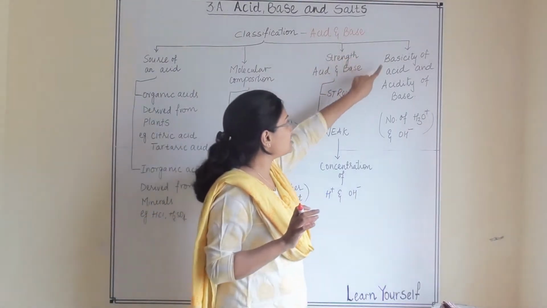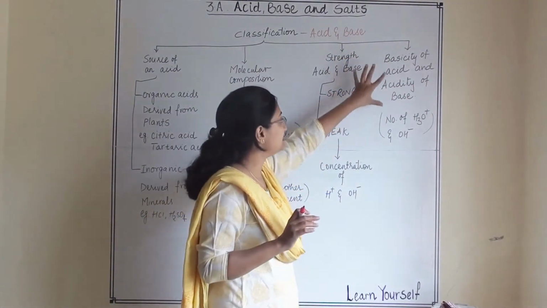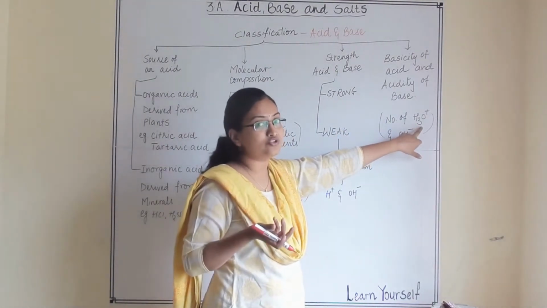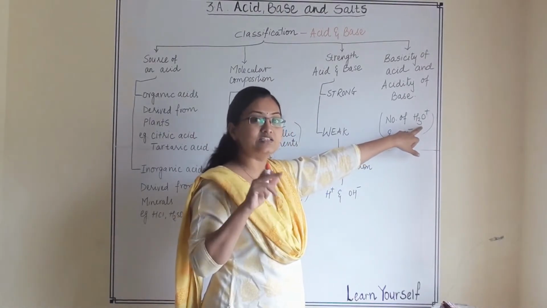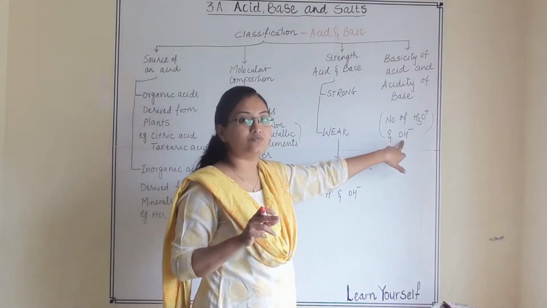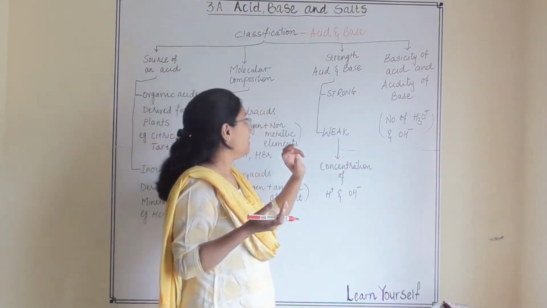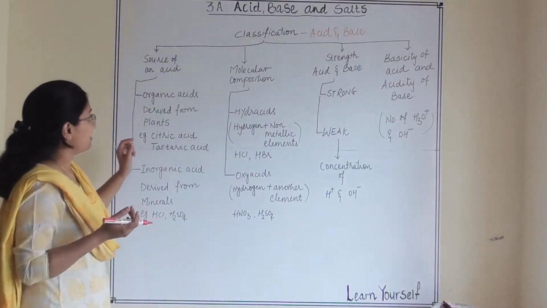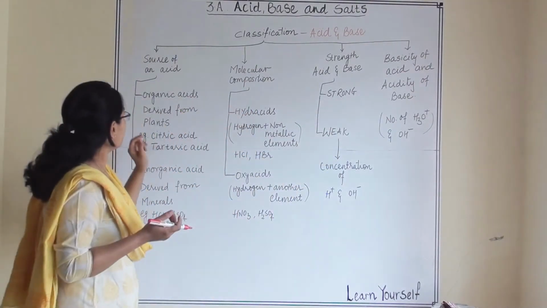Then basicity of acid and acidity of base. This is related to how many H3O plus ions will be generated when acid is in the aqueous medium and how many OH minus ions will be generated when base is in aqueous phase. So these are the criteria. One by one we will look, and the last two we will see in detail.